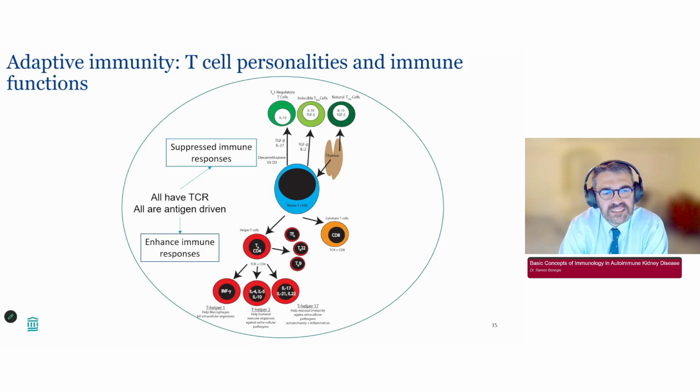But we now realize that the immune system is more subtle than we thought. Here I've shown you, for example, that naive T cells under certain stimulations can become effector T cells, like the classic CD4 or CD8 T cells. These effector T cells will enhance immune responses. But there are also hosts of T cells which suppress the immune response and are important in tolerance.